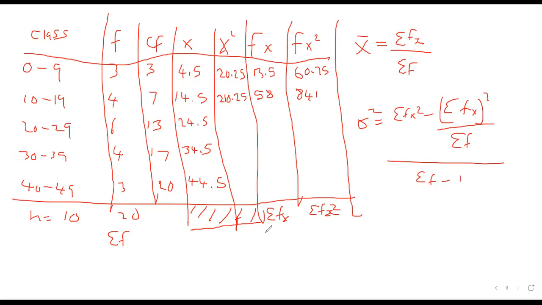And then you square root it, you get the standard deviation. You also find the coefficient of variation, which is the standard deviation over the mean times 100. So this is how we compute grouped data.